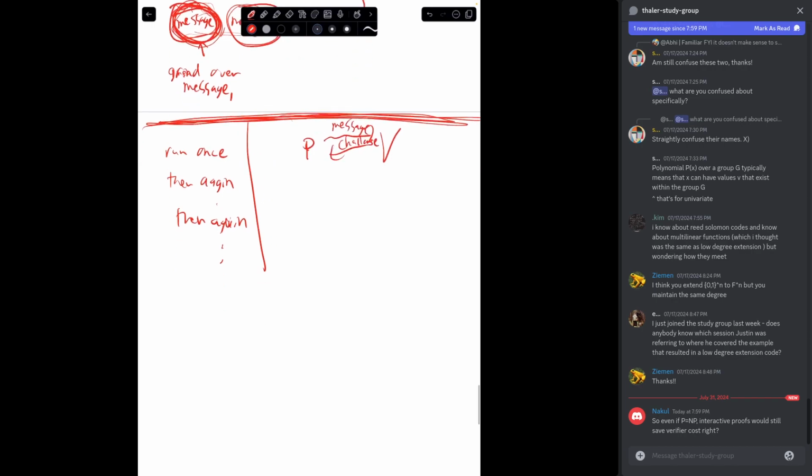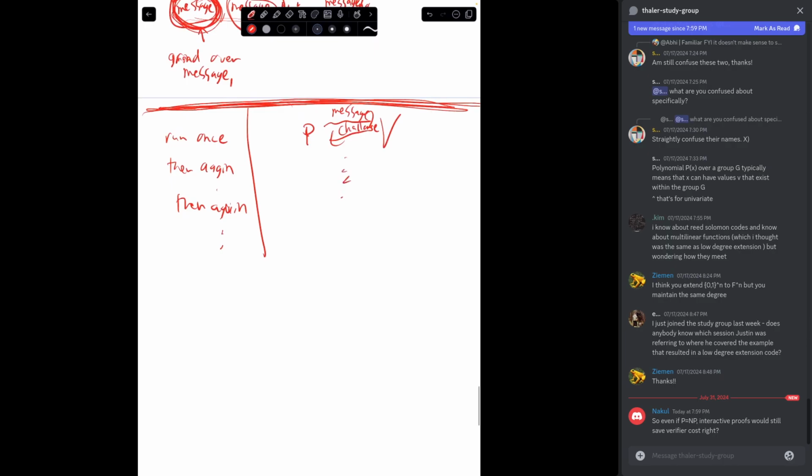The parallel repetition would be, you send M1 and M2, and then the verifier picks, I guess it would be one challenge for both. Let's say there are K repetitions. I think the verifier would pick all K challenges, one per repetition.